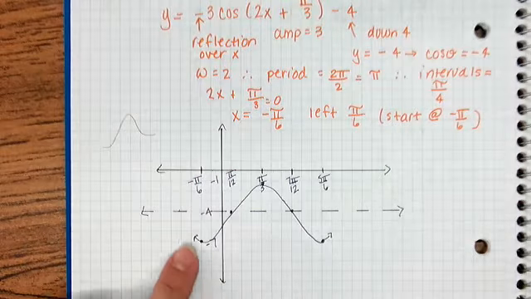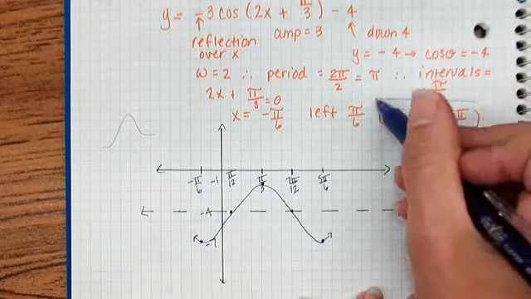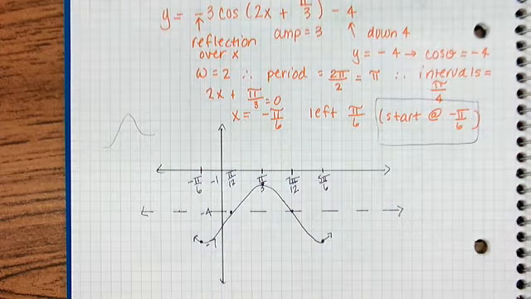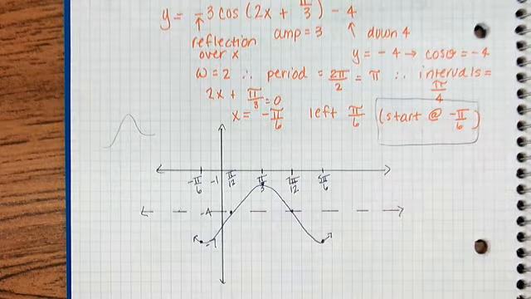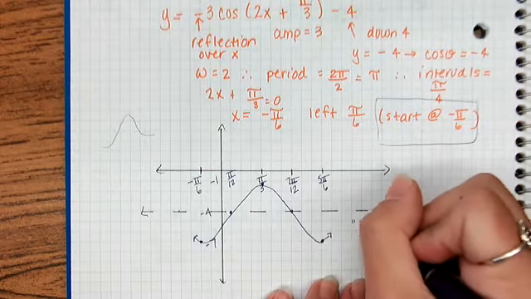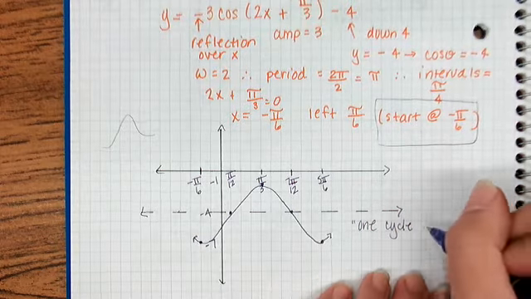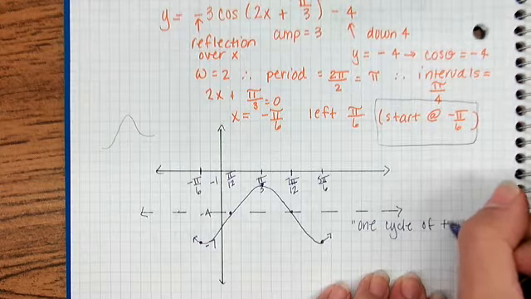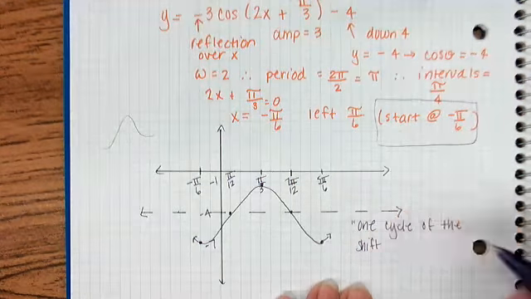I know that the curve goes further to the left, but the starting point is negative pi over 6. If I ask you to graph 2 cycles of the shift, then you would keep going another pi over 6. So this right here represents one cycle, one wave of the shift of the parent function.